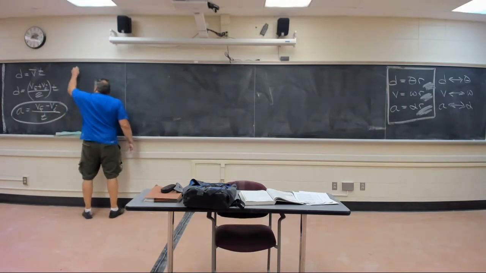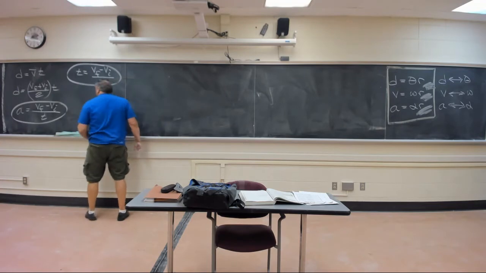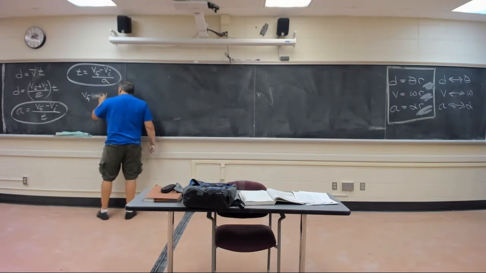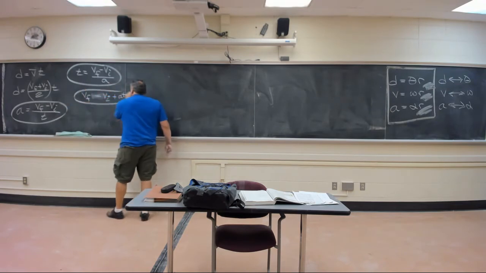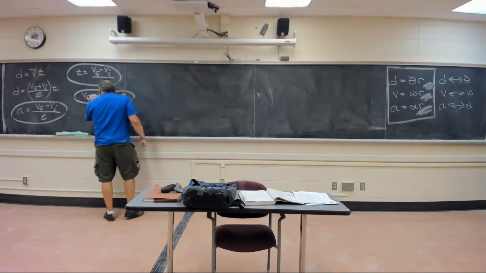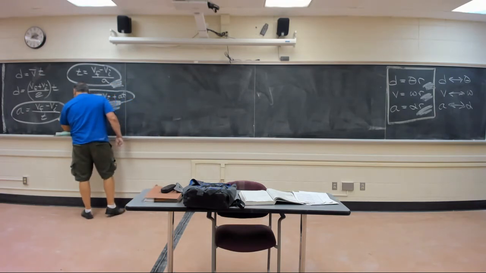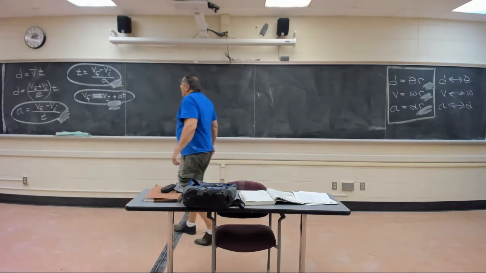If you multiply by t and divide by a, if you multiply by a on both sides and add VI, so there it is.